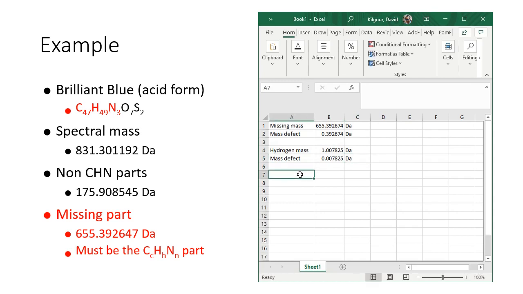The next step is now to make a guesstimate of the number of hydrogens using the same process that we used in the previous trick of the Dromey Foyster algorithm. So we divide the mass defect of the missing mass by the mass defect of hydrogen. And then we round to the nearest integer.